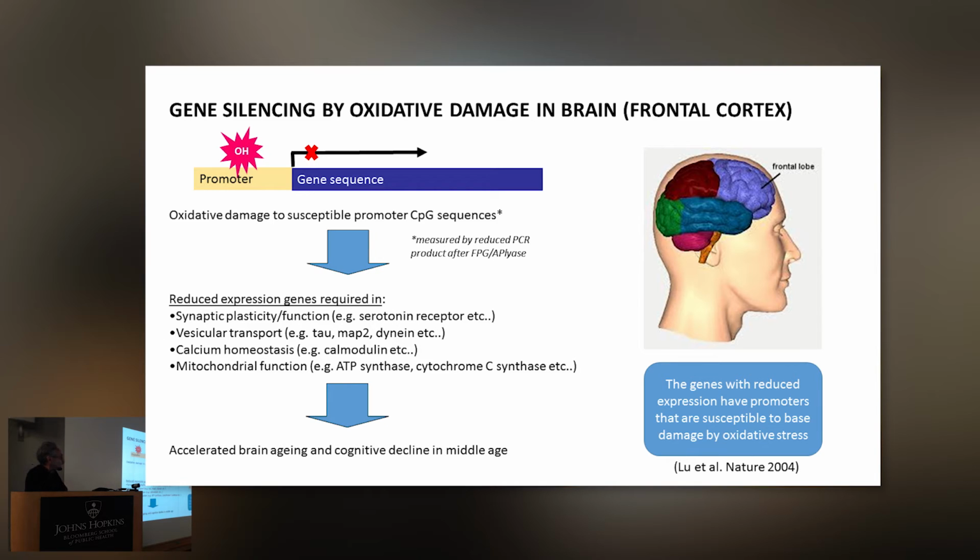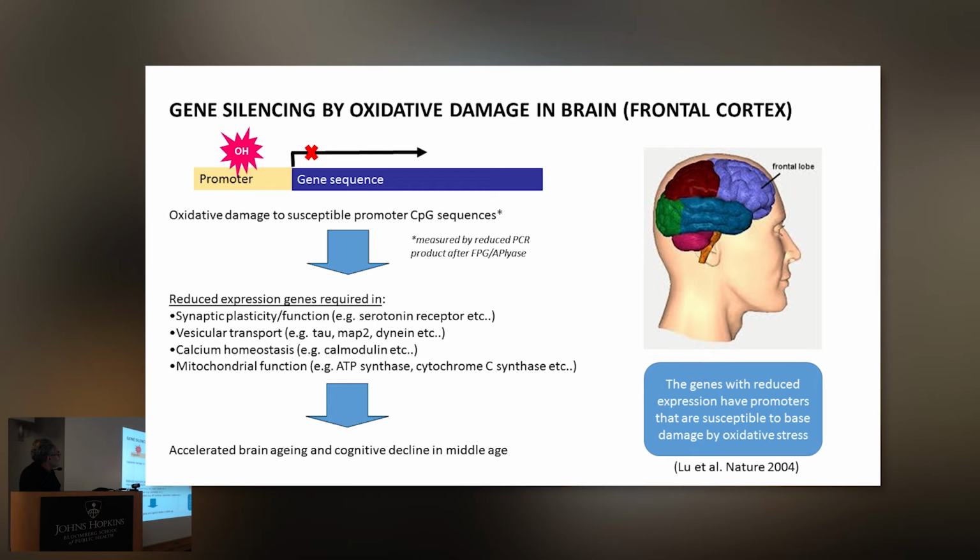And what they observed was that oxidation of guanine in the promoter region of genes affected expression of genes which were changing with age. What they noticed was that some promoters were susceptible to oxidation, more so than others.